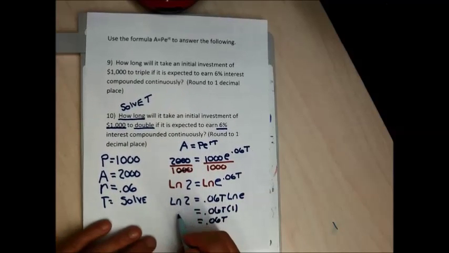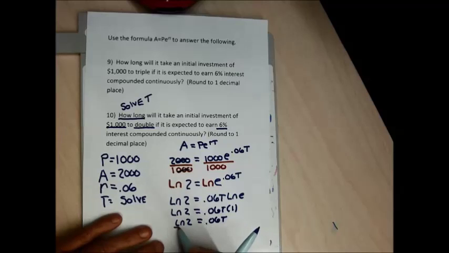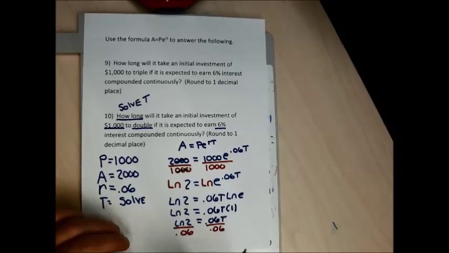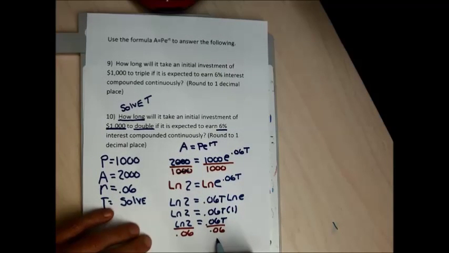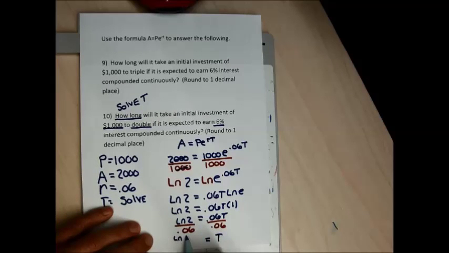So now I have the natural log of 2 equals 0.06t. I'm going to divide both sides by 0.06. I'm trying to solve for t, and I've successfully solved for t, except I don't have a good value for that. Right now I have t equals the natural log of 2 divided by 0.06.